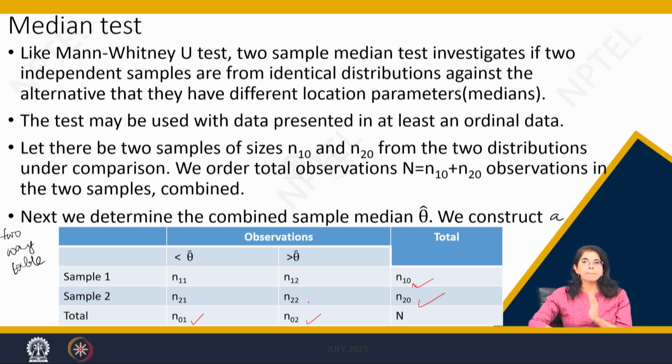You have to remember that on the basis of the combined sample median, you are making a segregation in sample 1 and in sample 2. Obviously, when you add n10 and n20, you will have capital N.